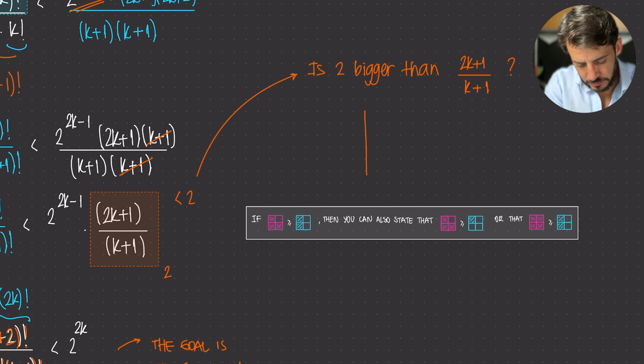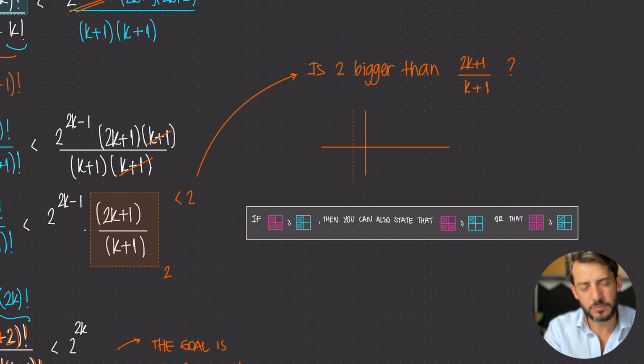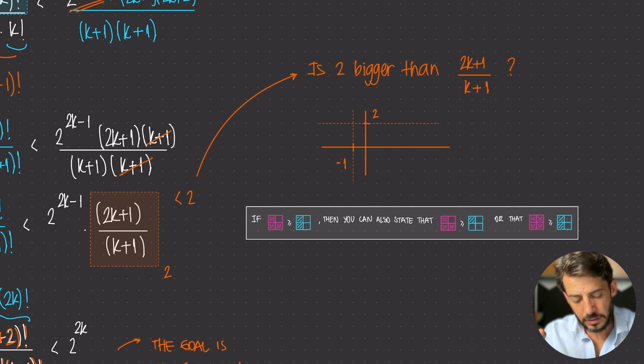Or you multiply everything by a constant. That also doesn't break the inequality, but it doesn't apply for this specific moment. So now the question is, how can we prove that 2 is bigger than this? If you view this as a rational function, it has two asymptotes, a vertical one at x = −1 or k = −1, and a horizontal one at 2.